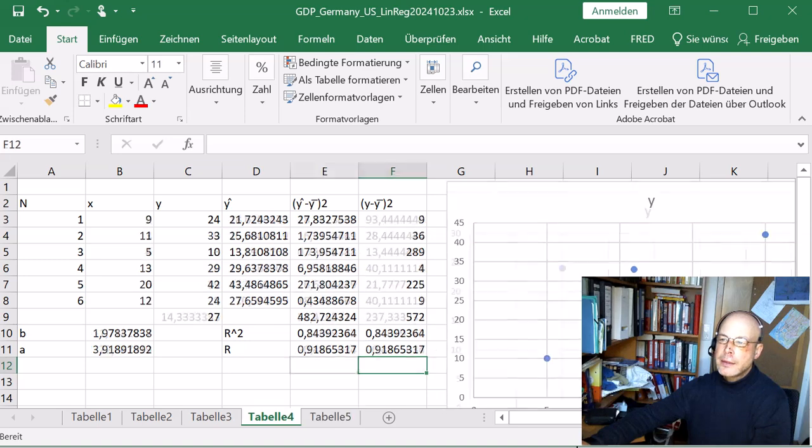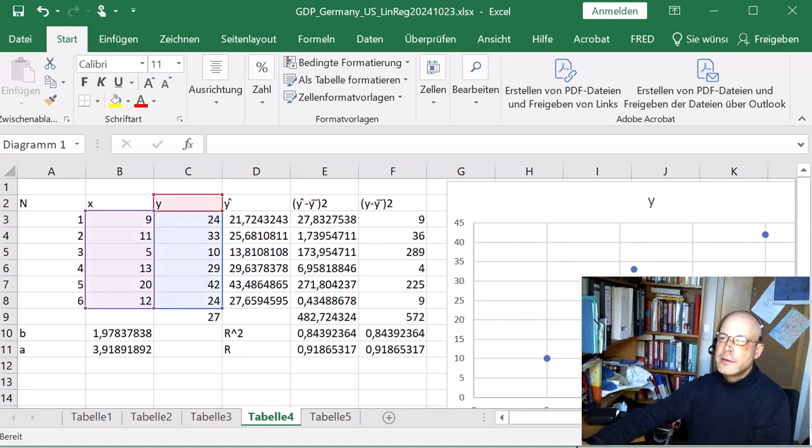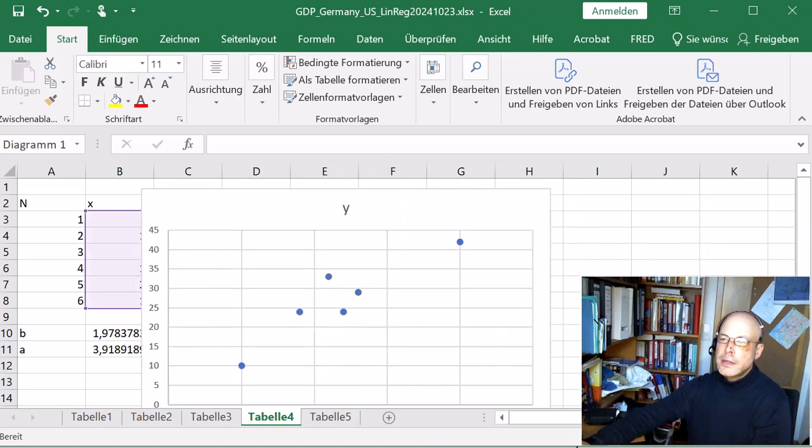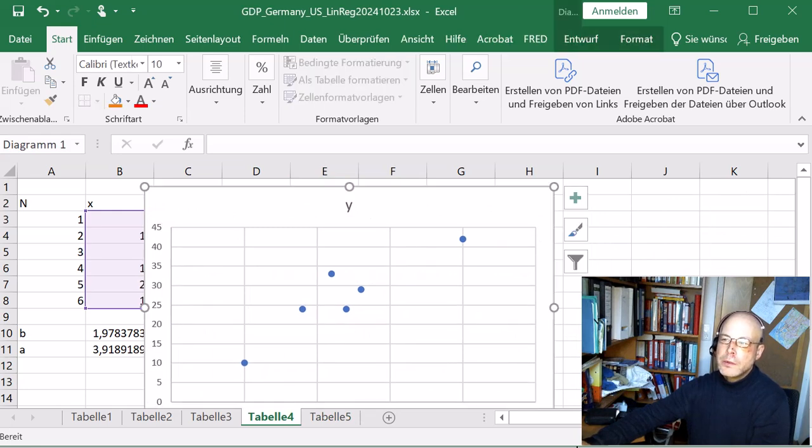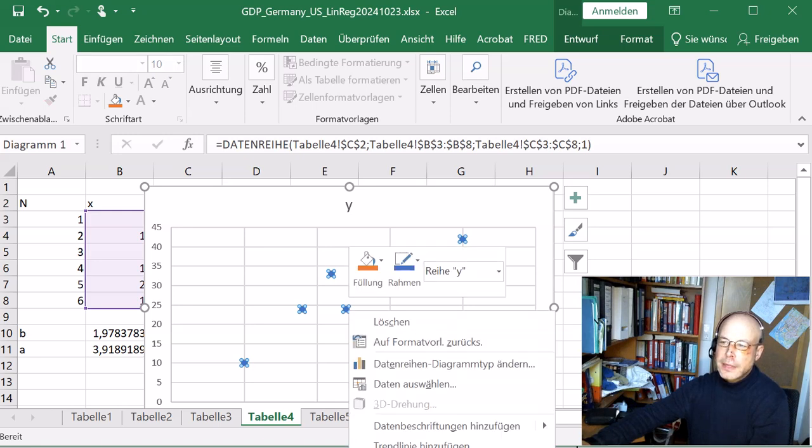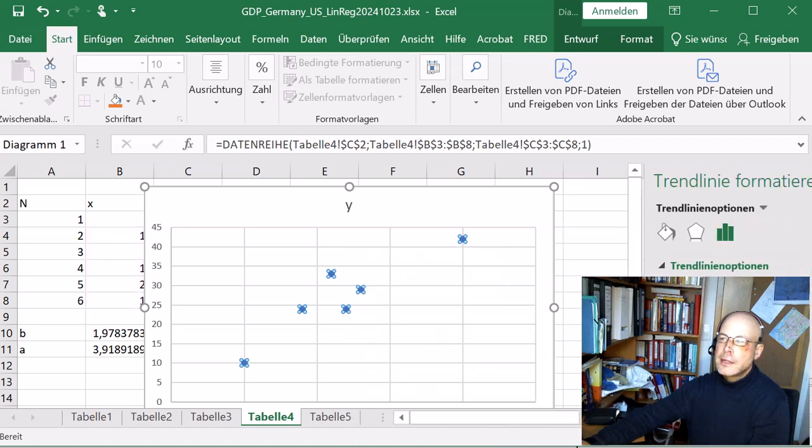Okay, and this we will do for our economical data. What you can also do, I think I already showed this, is clicking into the data and choosing trend line.